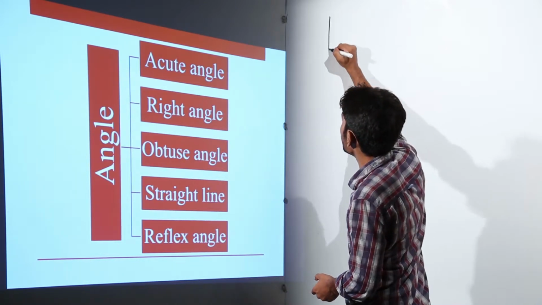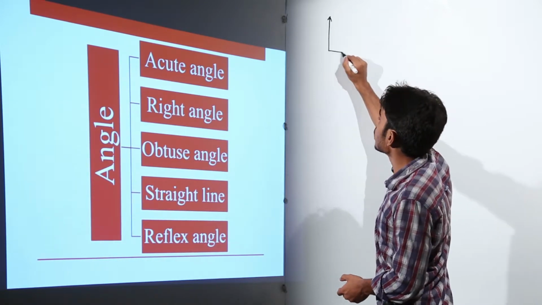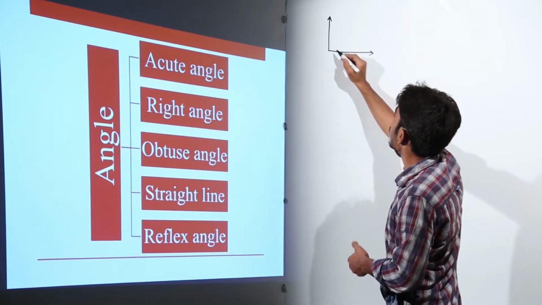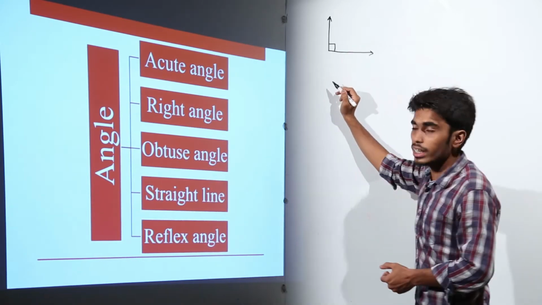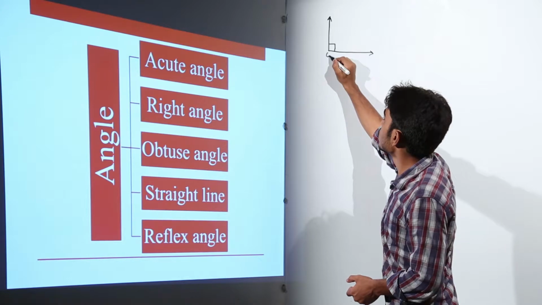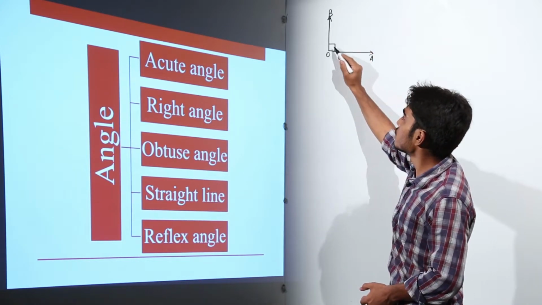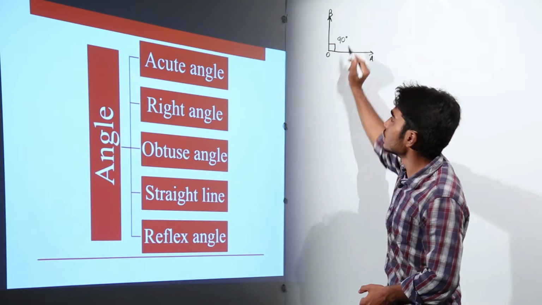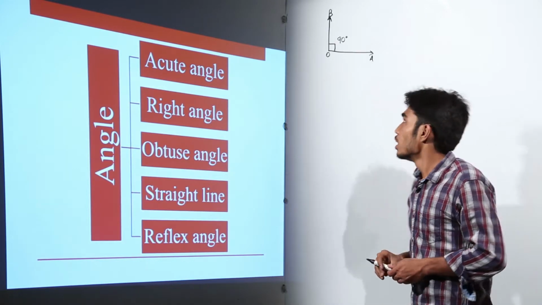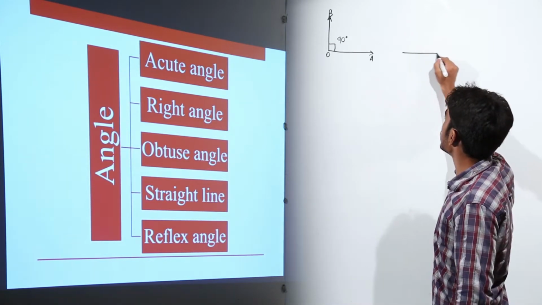Now what is 90 degree? All this you already know, so I am going to take a brief look at this. This is 90 degree. This is our first arm OA, and this is arm OB, and this is 90 degree.